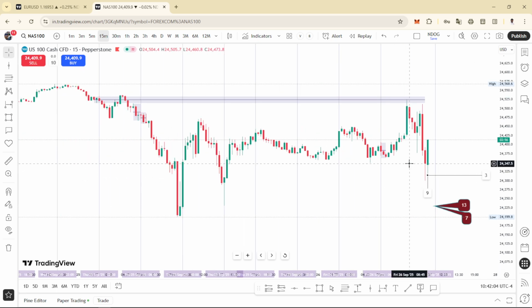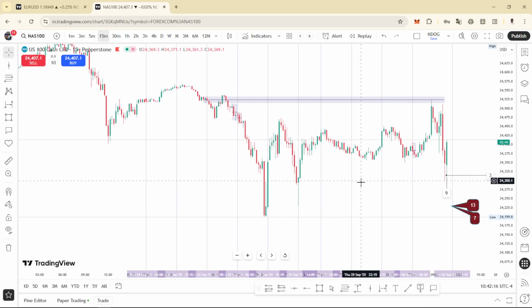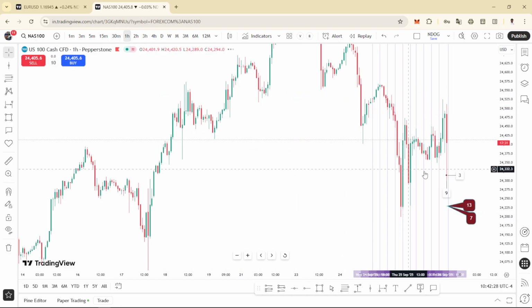But 2 minutes in, the retracement is quite deep. I want to believe the divergence is not out of sync with my higher time frame sequence, what I read on the 1 hour.